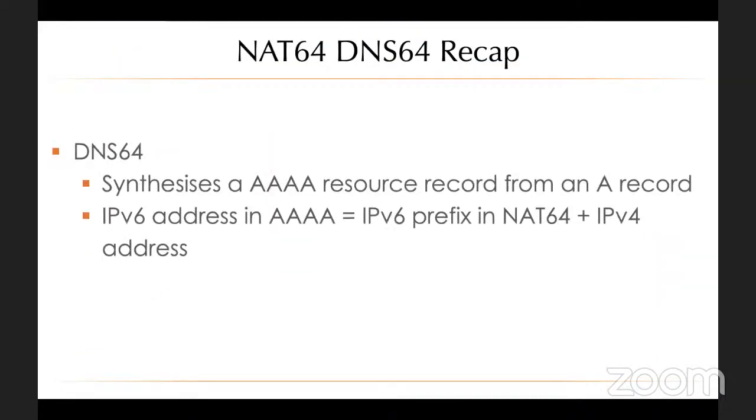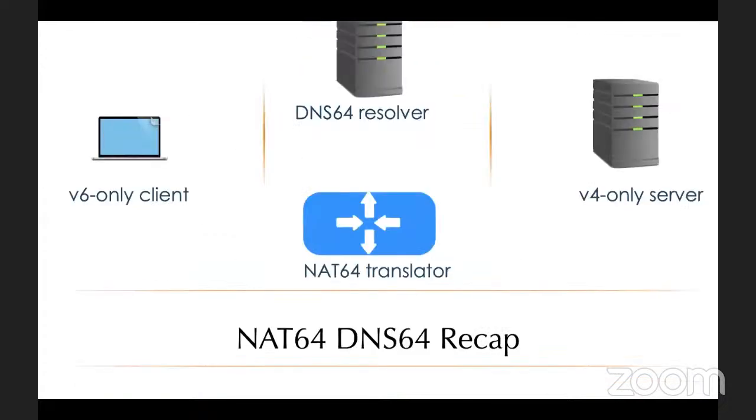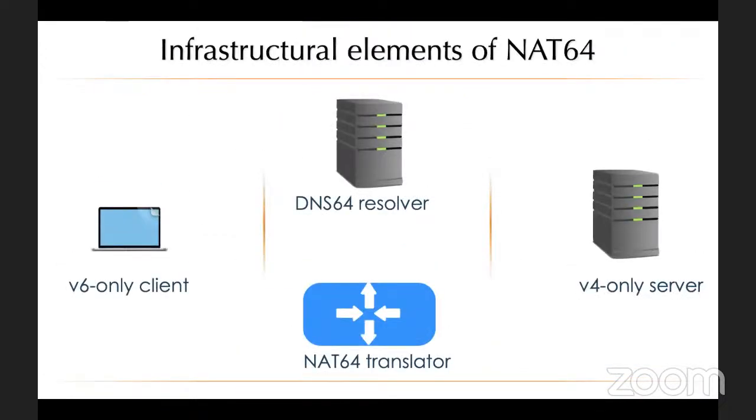So let's look at DNS64, right? So we've talked of NAT64. Remember when you talk of the infrastructural elements, we say the client, the host is v6 only, right? v6 only client communicating to a v4 only server, right? So this server will only have an A record, right?